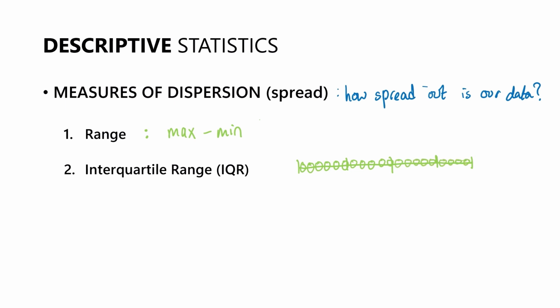So IQR splits them up into 4 equal segments, as I've mentioned, and it finds the values of the data points in the first, second, which is just the median, and third quartiles.